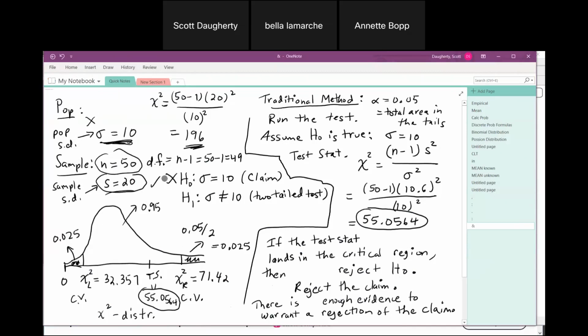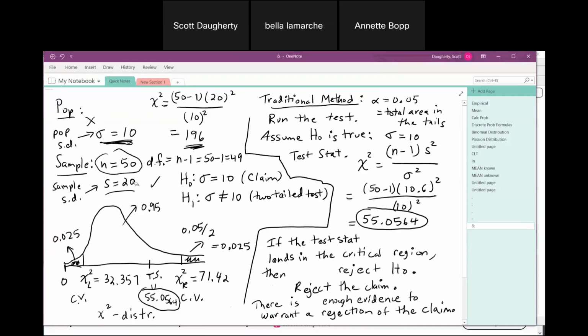And if I reject the null hypothesis, I'm rejecting the claim because they're the same thing. So I'm saying, hey, you claimed it was 10. I have some pretty strong evidence that it's not 10 because the sample standard deviation is 20, and that's nowhere close to 10. So I'm outright saying there's enough evidence to warrant a rejection of your claim. I think your claim is wrong, in essence.